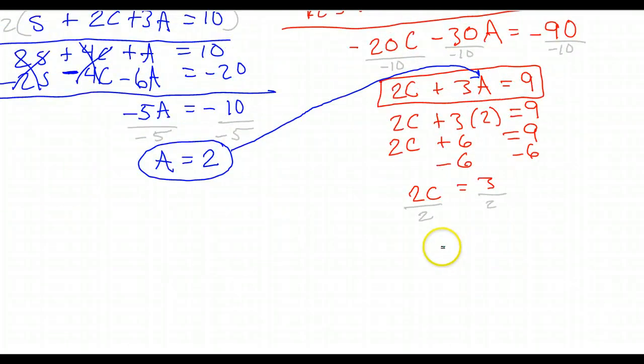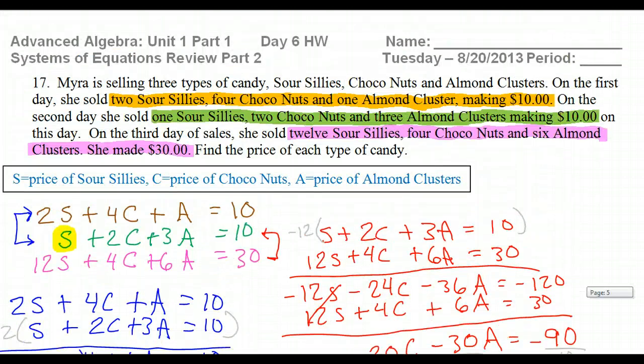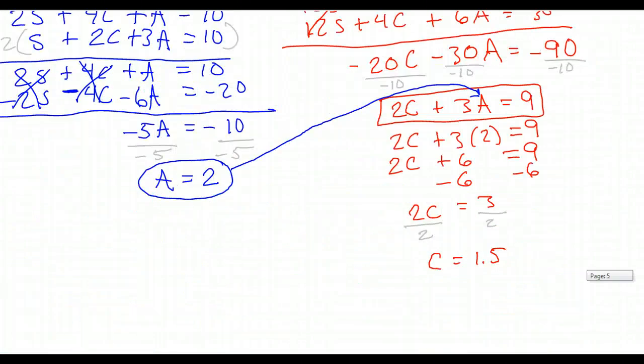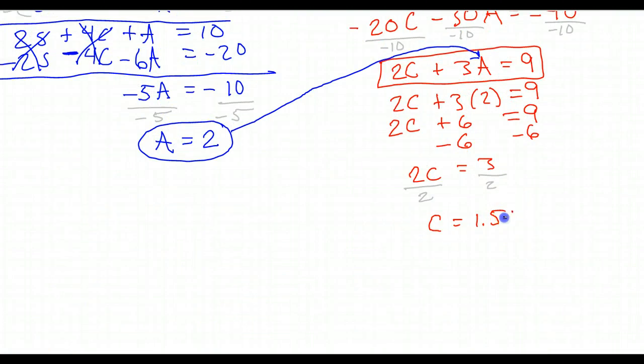Always makes me nervous when it's a decimal. I have to look back, see if that makes sense. So c is 1.5. Now, what are these variables again? The price. These are prices. So 1.5 means $1.50. Okay, that's really what that means. And then that could be true.